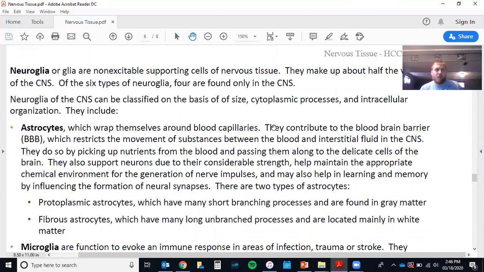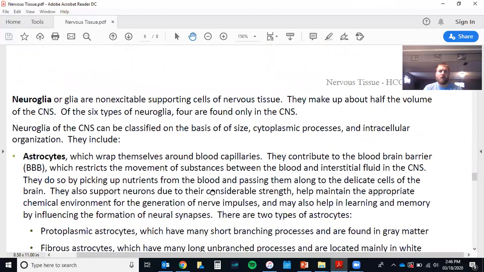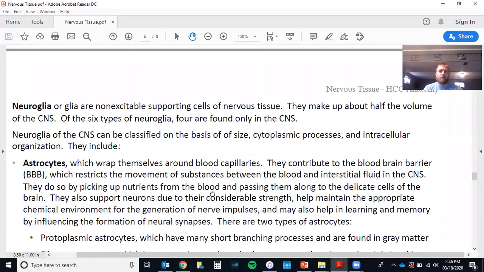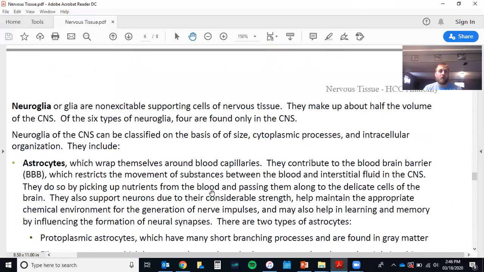Let's switch gears here and now talk about supporting cells of the nervous system, what we call neuroglia, or glia for short. Non-excitable, which, as we learned, excitable means that they can generate action potentials. These guys don't do that. Instead, they're supporting cells. They do make up a very large portion of our central nervous system, half the volume.